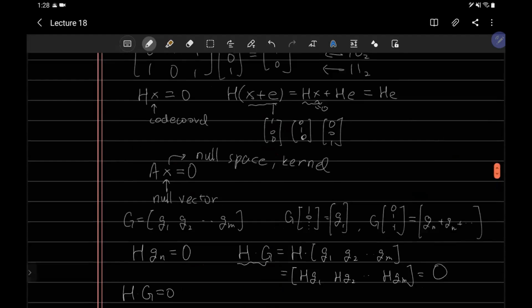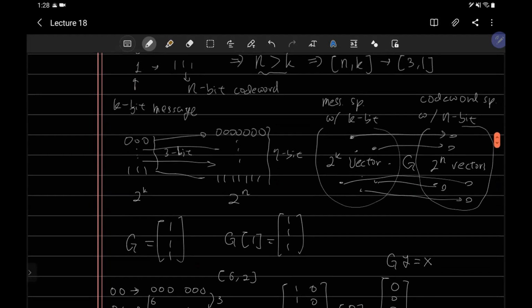So if I go back to the original discussion here, when we map each of these messages to some code word inside this space, and if I have 10 code words mapped here, then we want to make sure that all the code words are separated from each other as far as possible.